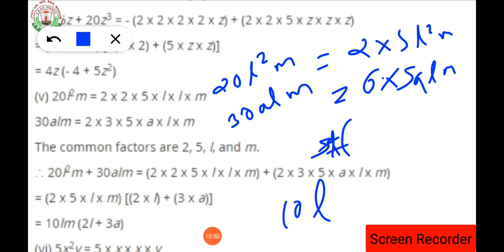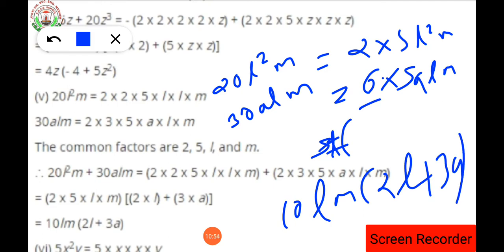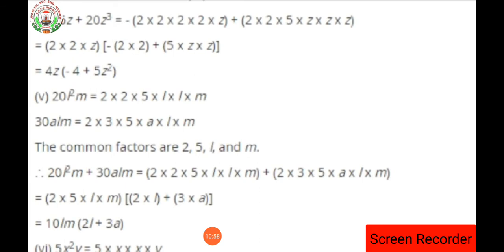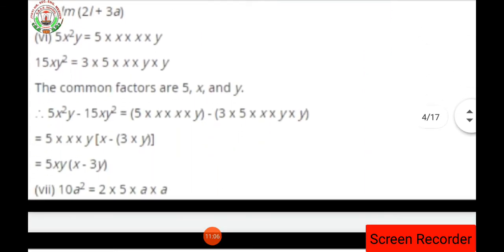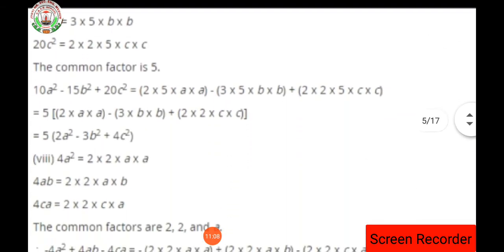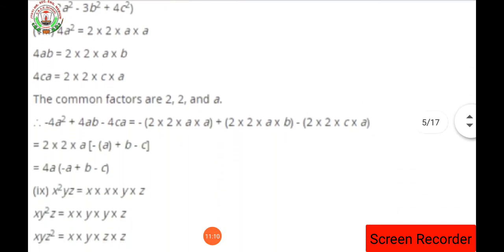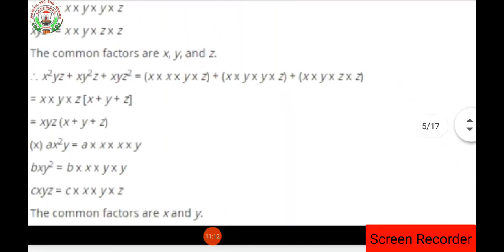That is 10 LM into 2L plus 3A. This is the number, because 6 can be written as 3 into 2, so 2 can also be taken common from here. Understood, everyone? So in this way, student, we are going to have this question. Clear? So whichever method you feel easy, do with that method. Lots of questions are there related to the same topic in this.